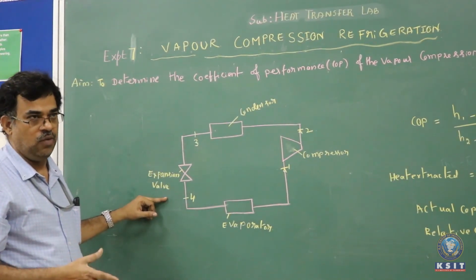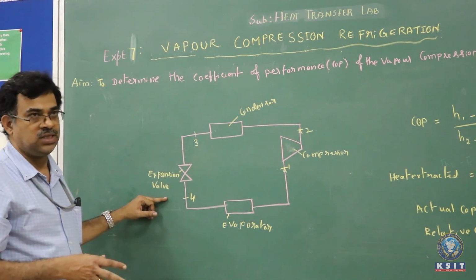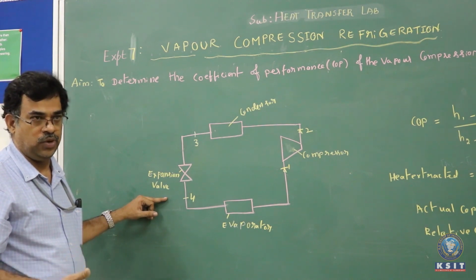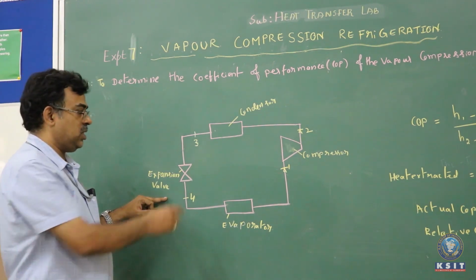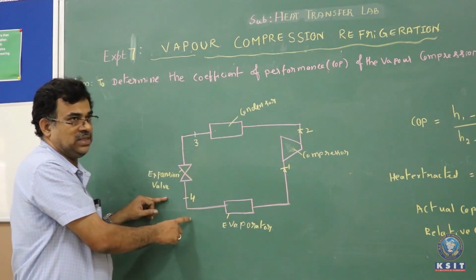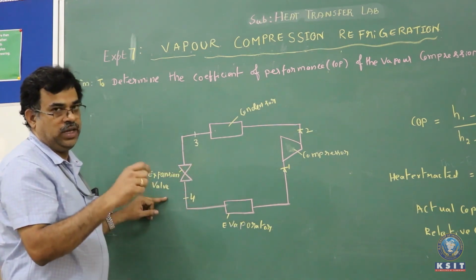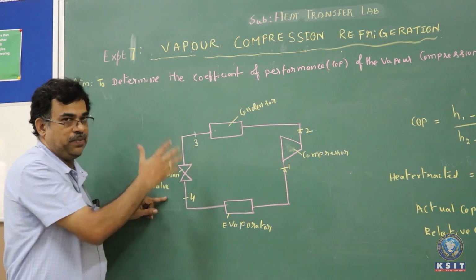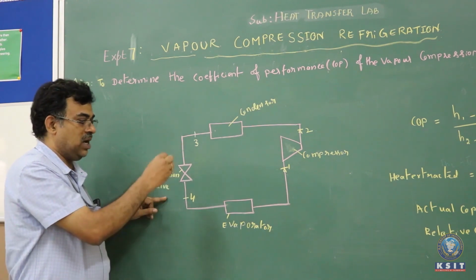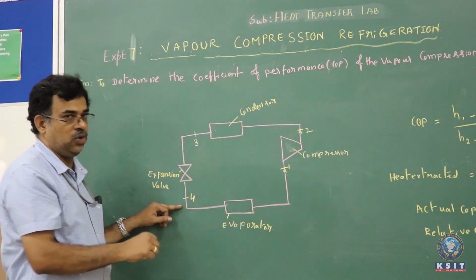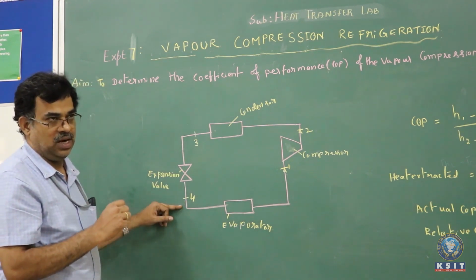The expansion valve is also called the constant enthalpy process, the throttling process. In the throttling process, the enthalpy remains the same, H3 equals H4. The pressure decreases and the temperature decreases, and T4 is the lowest temperature in the refrigerant.